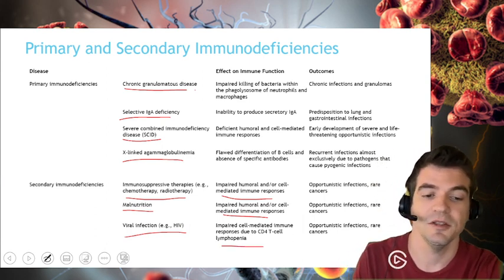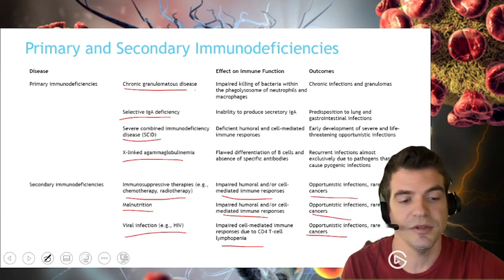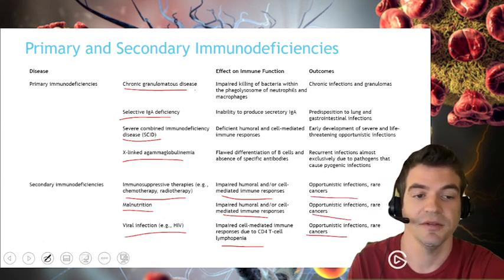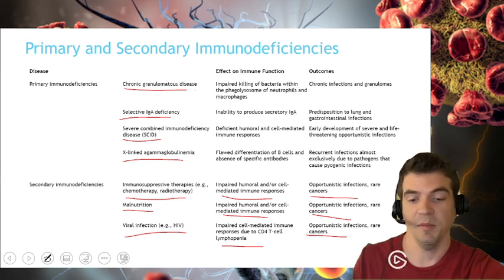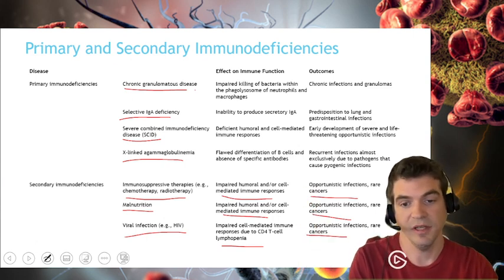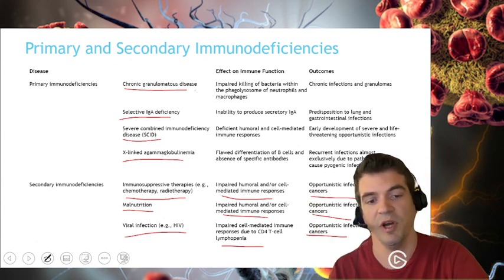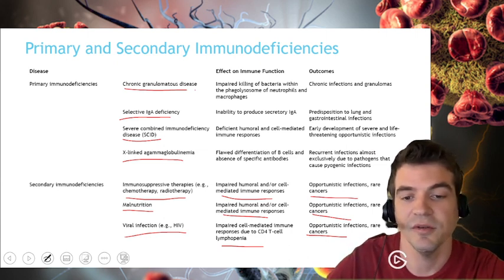And if we impair those, we will get opportunistic infections and rare cancers. That makes sense: if something bad happens to us, we can shut things and systems down, whereas the primary ones are gotten from another source.